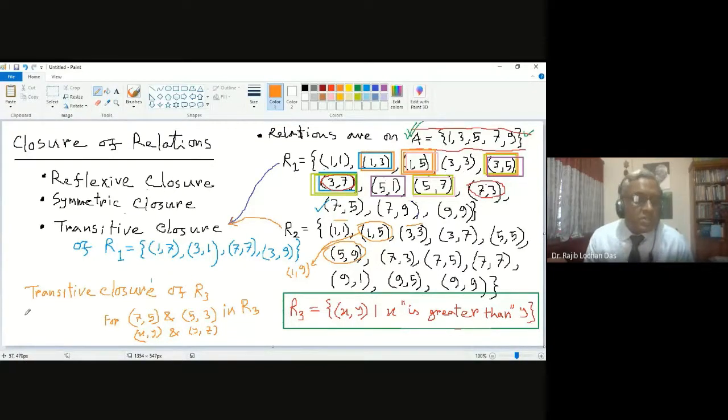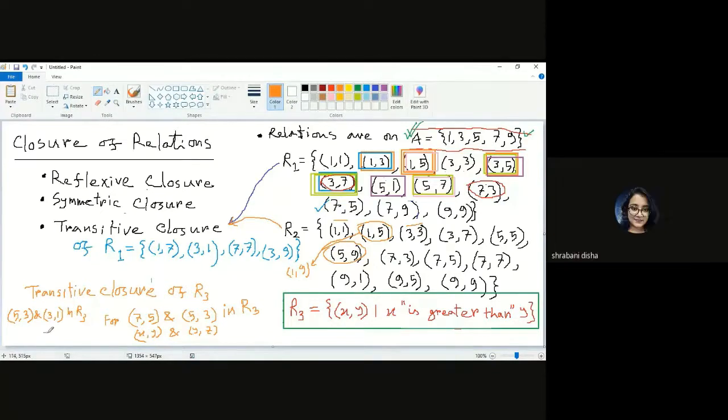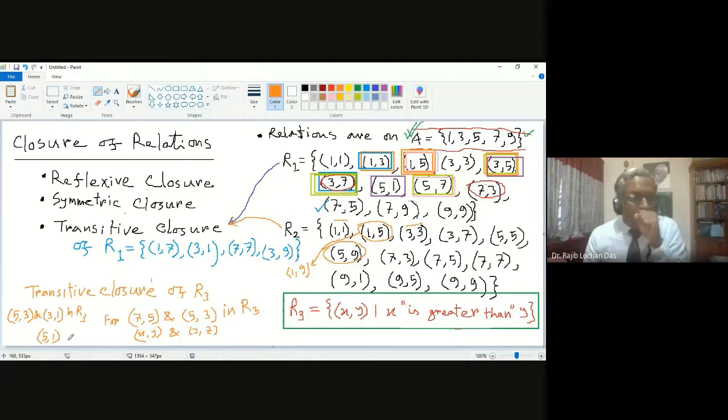So say you have 5 comma 3 and another item 3 comma 1 in R. Don't you think the third element 5 comma 1 is also in R? Yes, sir.